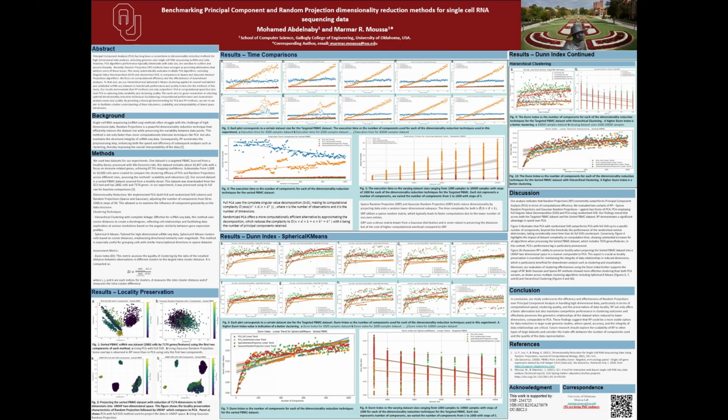And we showed that random projection has a better time efficiency and surprisingly also performs well in terms of the clustering quality, by the Dunn index. So that's pretty much it for our project, and thank you so much.